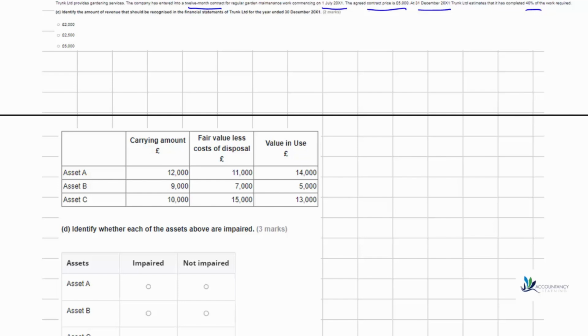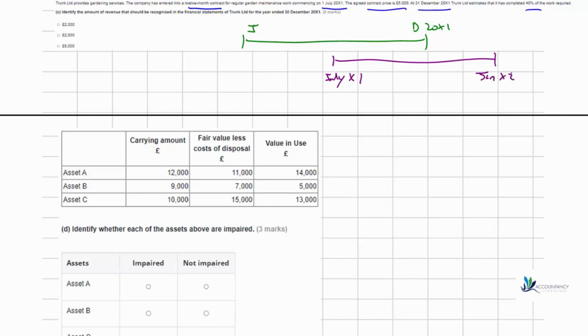Okay, so notice we've got some dates here. So again, it might be useful for us to do a bit of a timeline to understand what's going on. So here is our year from January to December 20x1. And then we've started a 12-month contract starting on the 1st of July 20x1 through to June 20x2.